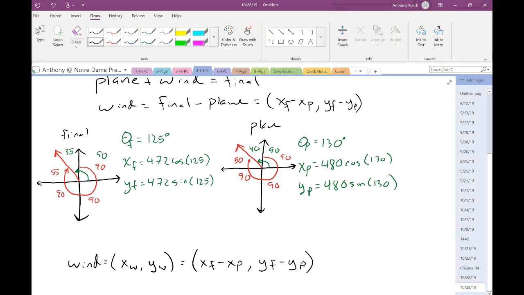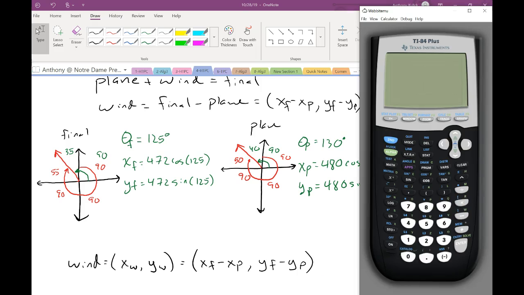Here we're subtracting the components rather than adding them. So we'll do 472 cosine 125 minus 480 cosine of 130. And then 472 sine 125 minus 480 sine 130.